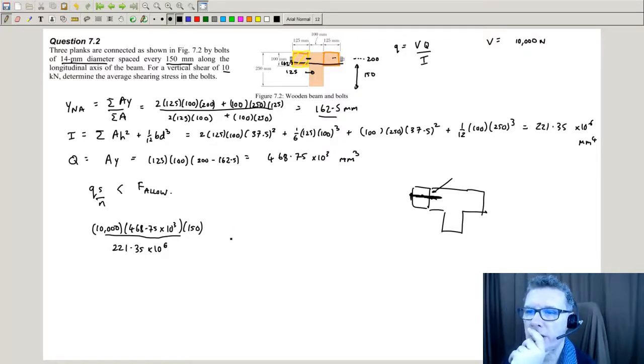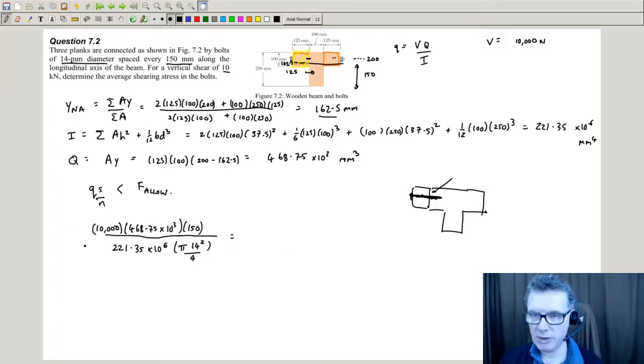Okay, so that's the force that's been exerted, and I want to know the stress. So I'm going to divide it now by the area of the bolt. So that will be pi, diameter is 14 millimeters, I'm working in millimeters, divide by 4. So what's that? That will be the stress being experienced in one particular bolt.